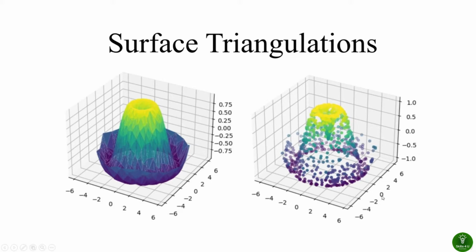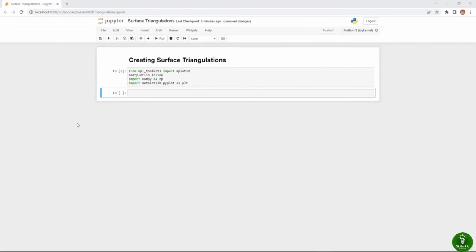What if, rather than an even draw from a Cartesian or a polar grid, we instead have a set of random draws? We could create a scatter plot of the points to get an idea of the surface we are sampling from.